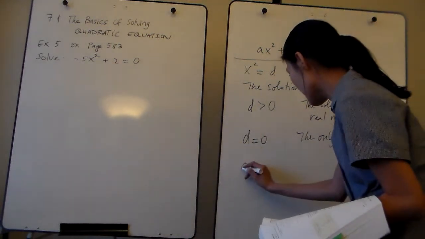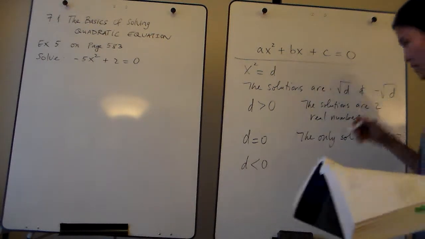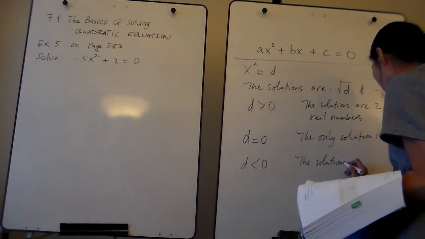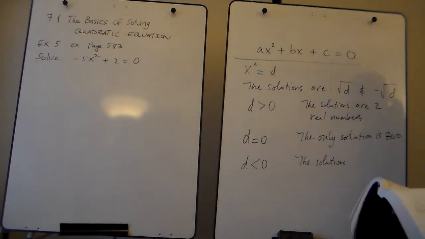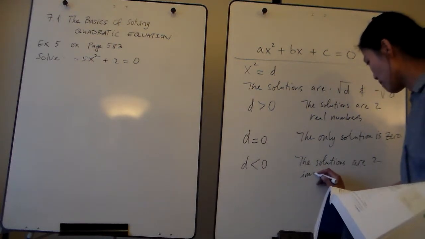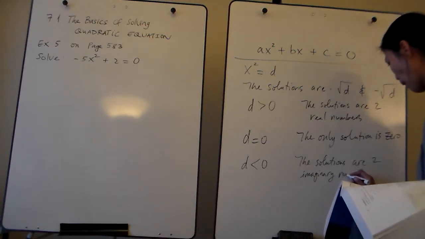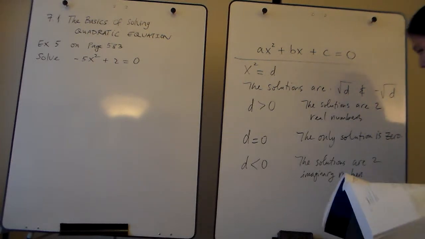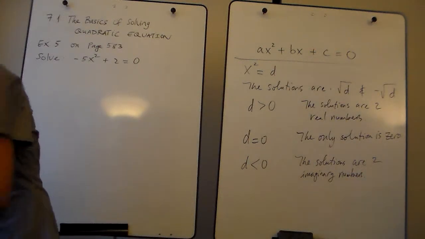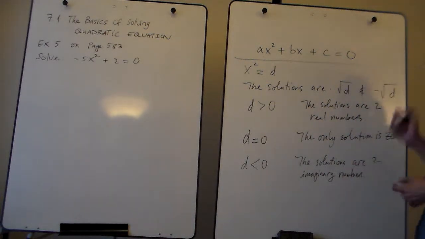The last case is when d is less than 0. Then the solutions are two imaginary numbers. Imaginary numbers mean the number has i in it, and we learned in the last section about complex numbers and the imaginary number i.